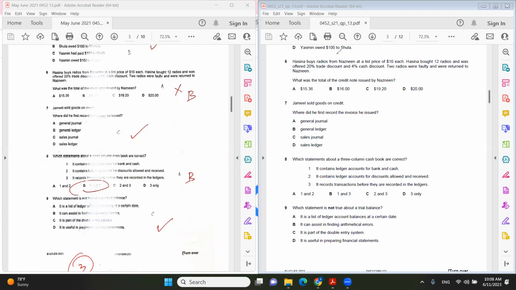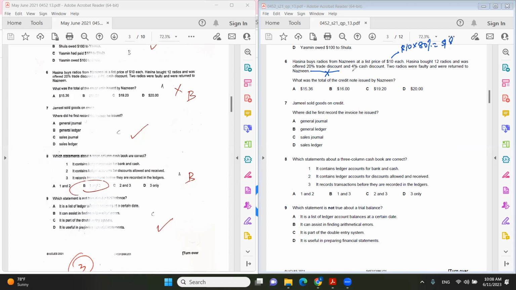Hashina buys radios from Nazim at a list price of $10 each. Hashina bought 12 radios and was offered a 20% trade discount. Trade discount means the actual price is only 80% of the list price, so times 80%, it's $8. There is no accounting recording for trade discount.